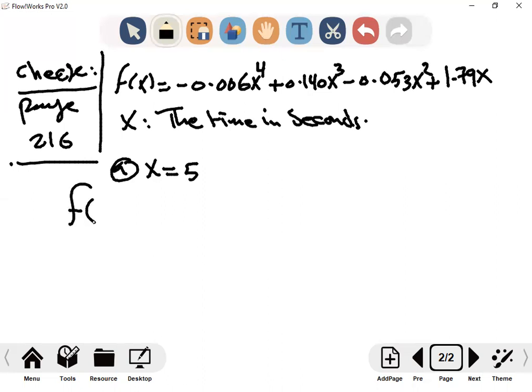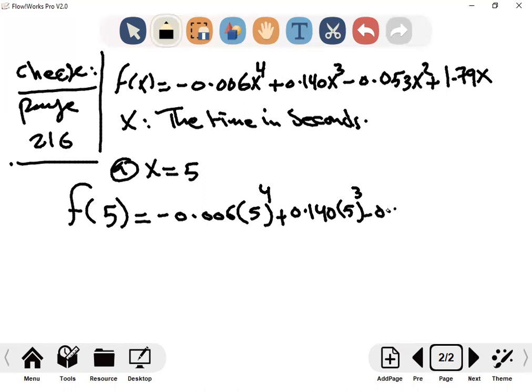So f of 5 equals negative 0.006 multiplied by 5 to the power 4 plus 0.140 multiplied by 5 to the power 3 minus 0.053 multiplied by 5 to the power 2 plus 1.79 multiplied by 5. You need to use a calculator here. It's difficult to do by hand. It will be 21.375.